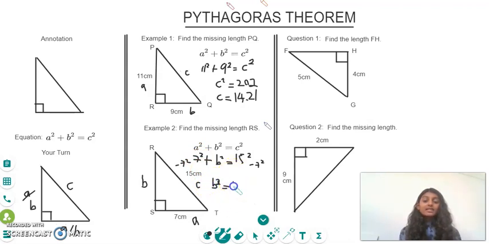And then 15 squared minus 7 squared, if you type this into your calculator, would be 176.